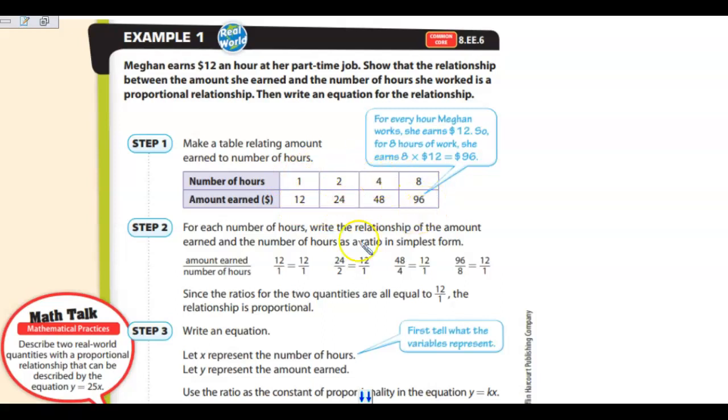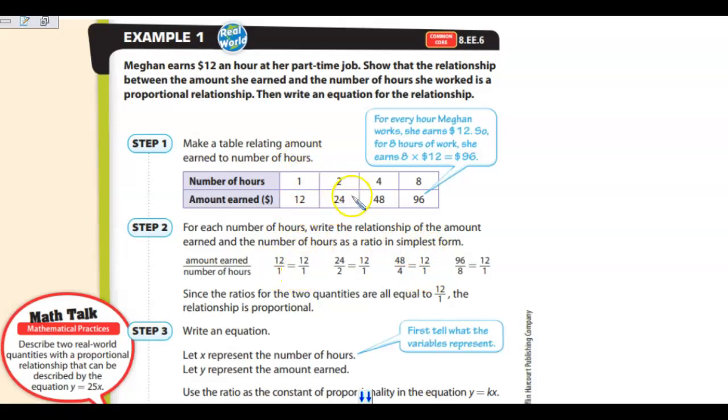And so forth. Okay? So for each of the number of hours, write the relationship for the amount earned and the number of hours in simplest form. So we're going to take the amount earned and divide it by the number of hours. And we're going to keep it in a ratio form. So we take 12 and divide it by 1, and we get 12 over 1.